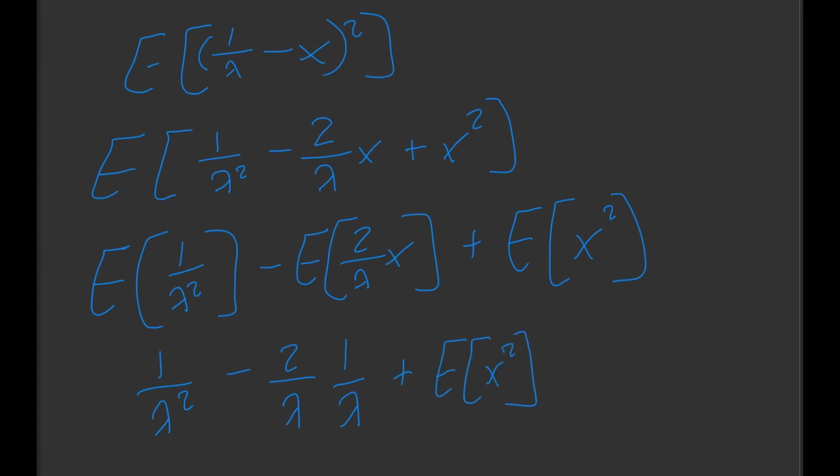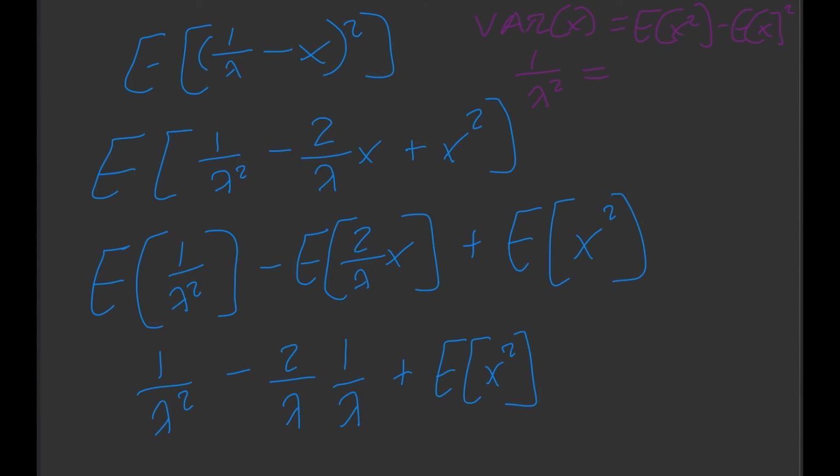And so to figure out this part here, let's just do a little side note up here. So we know that the variance of x is E of x squared minus E of x quantity squared. So from what we know about the exponential distribution, this here is 1 over lambda squared.